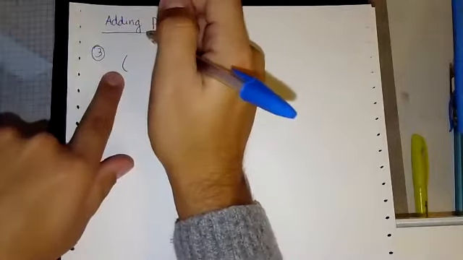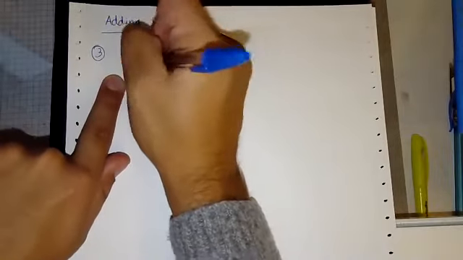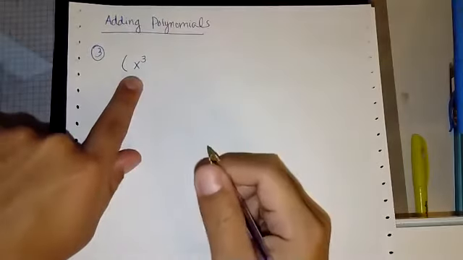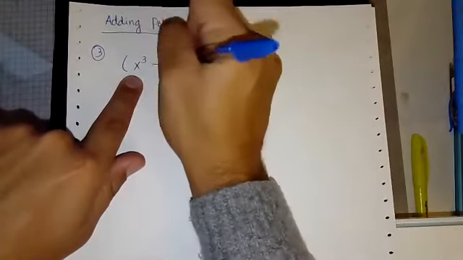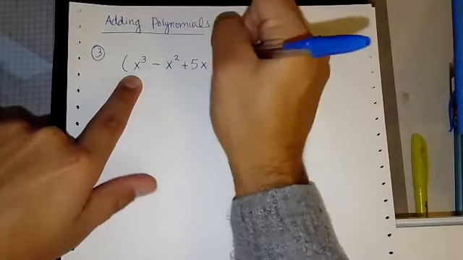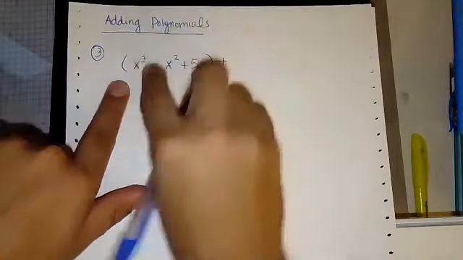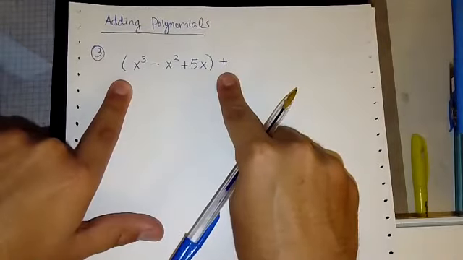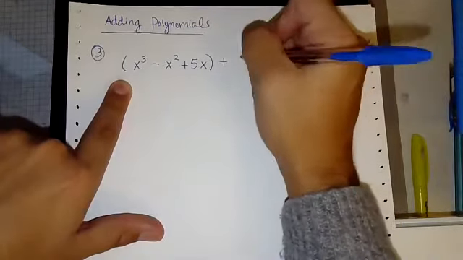Some people like a stacking method. So I'm going to show you this stacking method for this problem. We have the polynomial x to the third minus x squared plus 5x. And then we're going to add this trinomial to a polynomial of 4 terms.